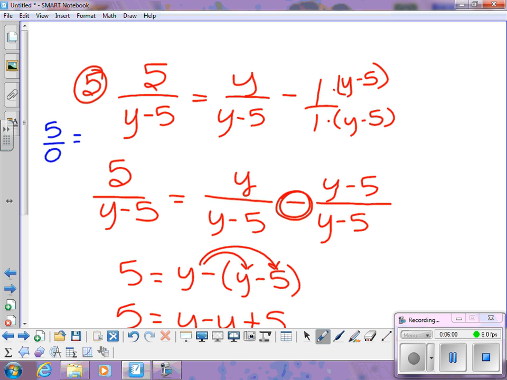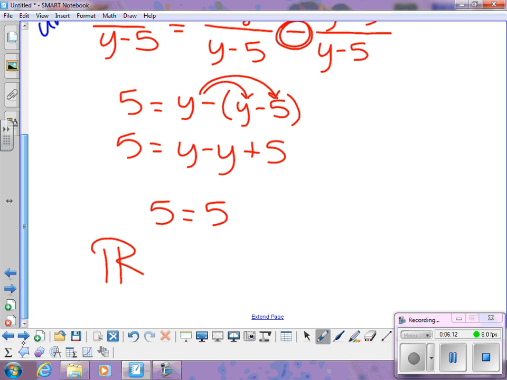What is 5 divided by 0? Undefined. So when you get something undefined, it messes the problem up, doesn't it? So do you understand now why you say all reals except 5? Because if you plug it in and it gives you a 0 on the denominator, you need to say that that's not part of the solution set, okay?